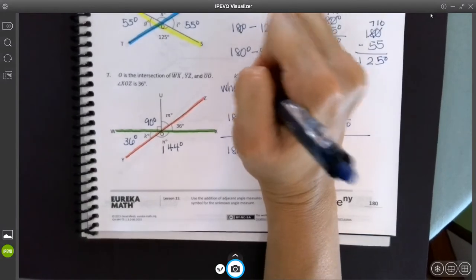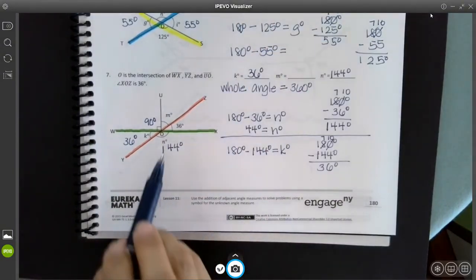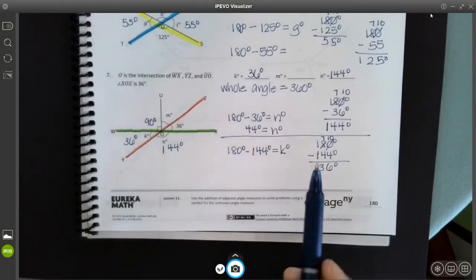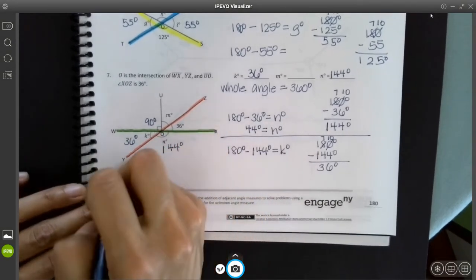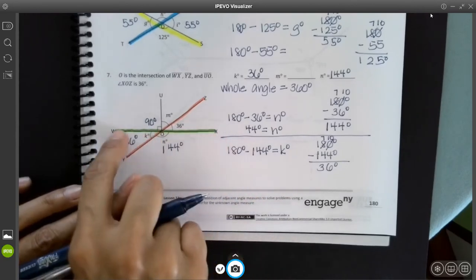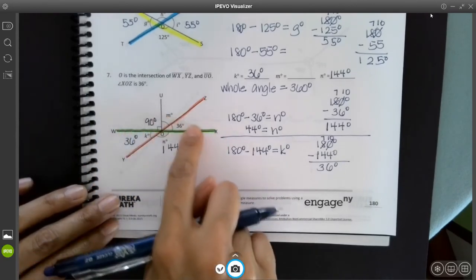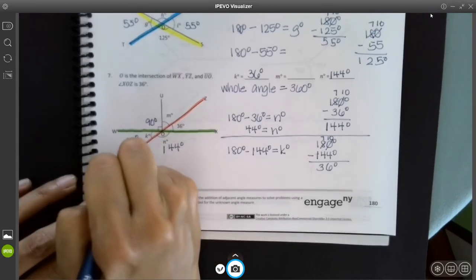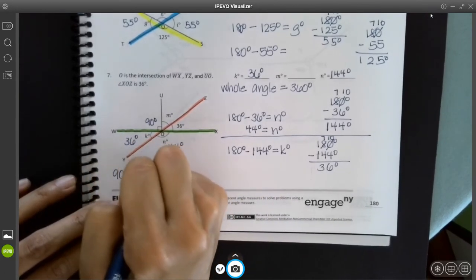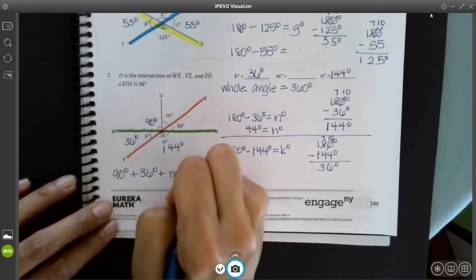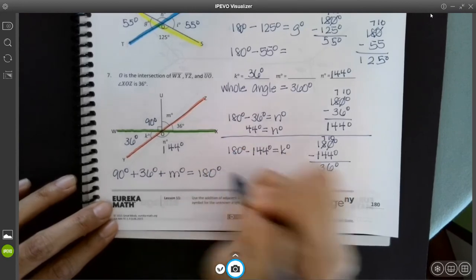Now we know that this is 36 degrees. And the only thing we need to figure out is M. So let's do that here. We're going to use the green line again to find our angles up here. I can make an equation that says 90 degrees plus 36 degrees plus m degrees equals 180 degrees.